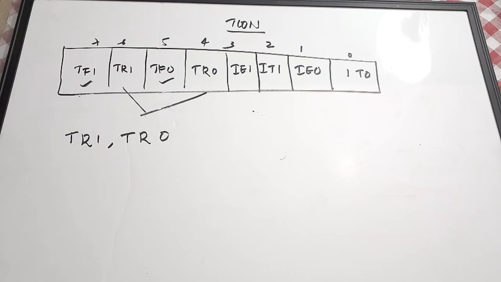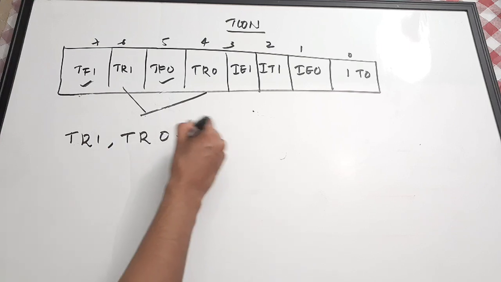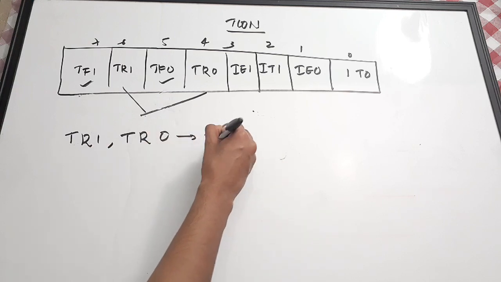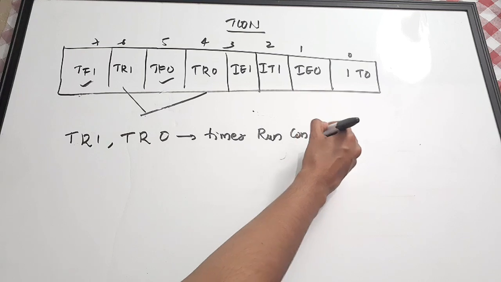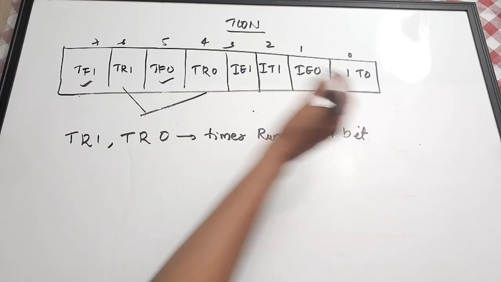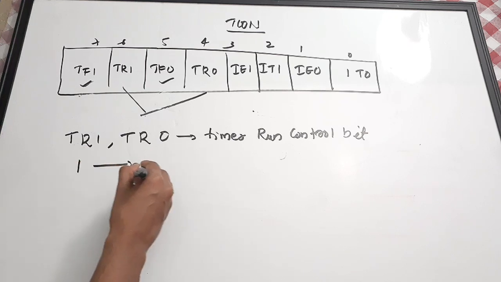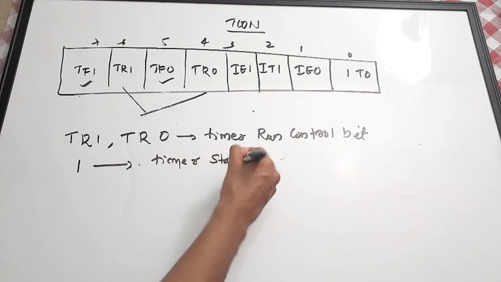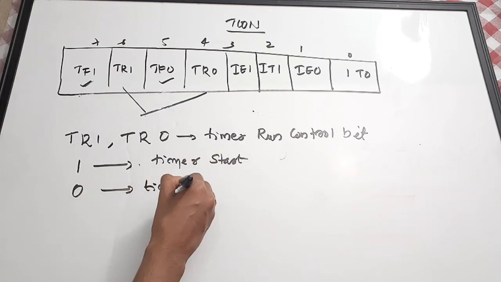TR1 is the timer 1 run control bit and TR0 is the timer 0 run control bit. You can generalize it as the timer run control bit. If TR1 is 1, the timer starts, and if it is 0, the timer stops.